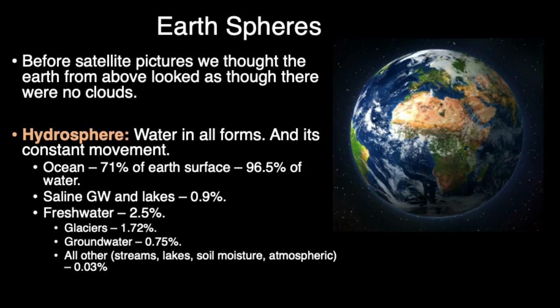By atmospheric water, I mean things like clouds, hail, snow, rain, and whatnot. Even though fresh water is so limited, it is incredibly important for life on land. So we have to be very conscious of how we are using this fresh water and how we can maintain it to continue to be useful to all life on Earth.